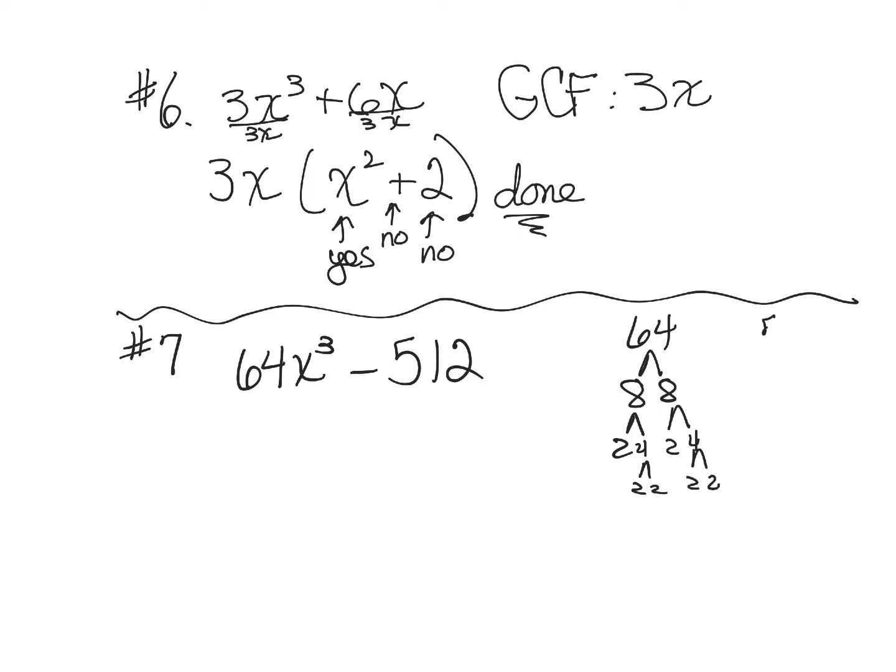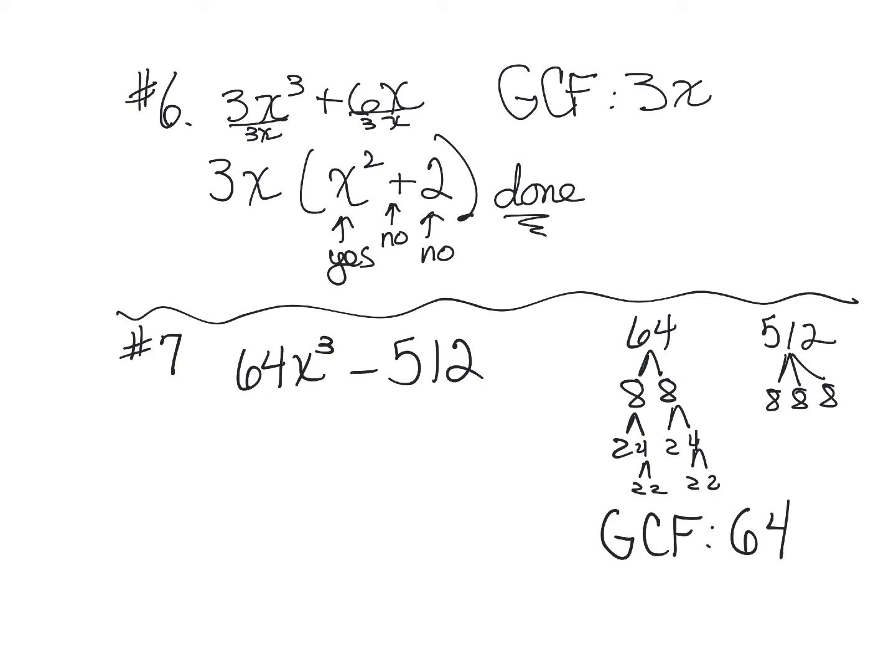And then 512: there's at least one 2 in 512, I know that. I think 512 was 8 cubed, so this was 8 times 8 times 8. So 64 could probably go into 512. I'm just playing with the numbers, seeing what they have the most of. And you want to get the biggest, remember, it's called the greatest common factor. Between 64 and 512 should be 64.